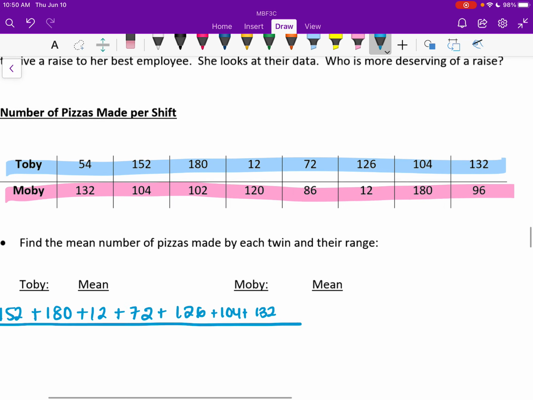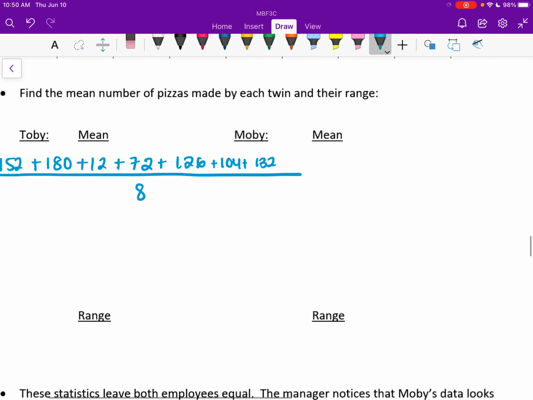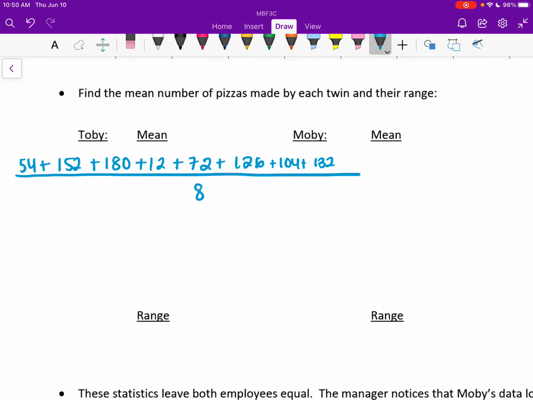She's measuring them over 1, 2, 3, 4, 5, 6, 7, 8 shifts, so divide everything by 8. I went ahead and added everything at the top, and I got 832. Divide that by 8 is going to give us 104. That means on average per shift, Toby makes about 104 of those pizzas, right?